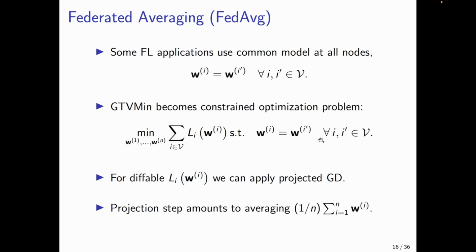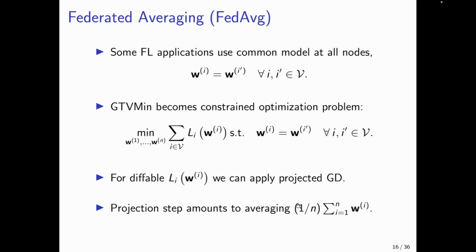The set of allowed local model parameters is those that are identical at all nodes. So these constraints define a subset of all possible collections of local model parameters. In particular, they define the subset of constant local model parameters. And we can easily project on this subset by computing the average.